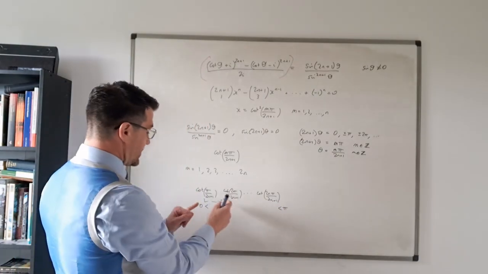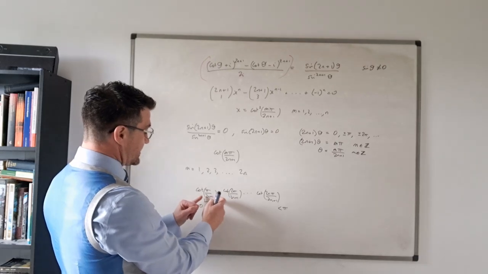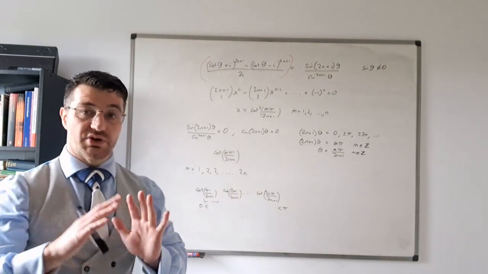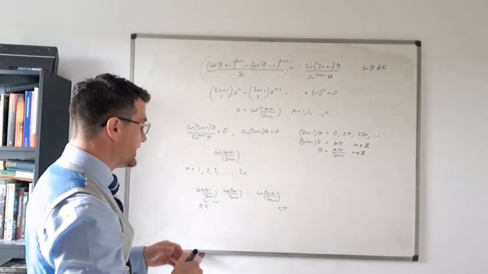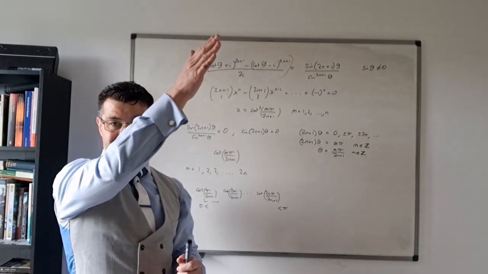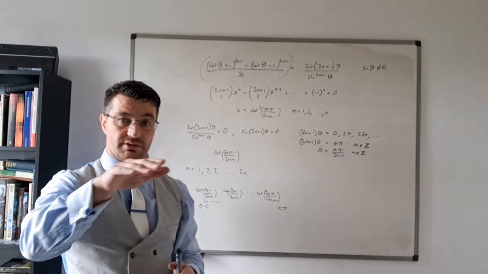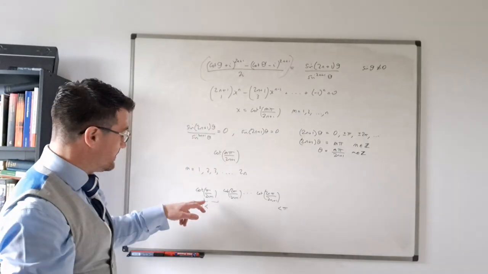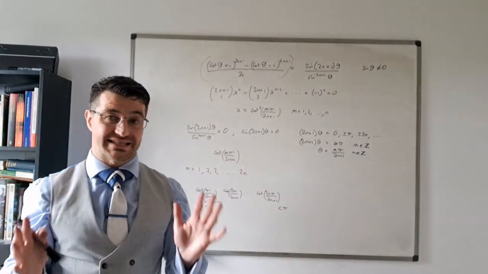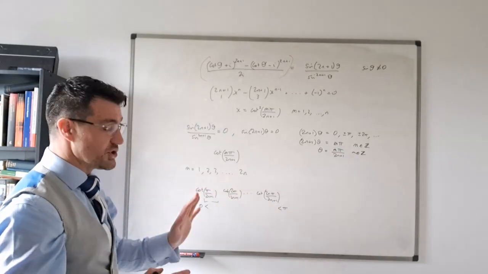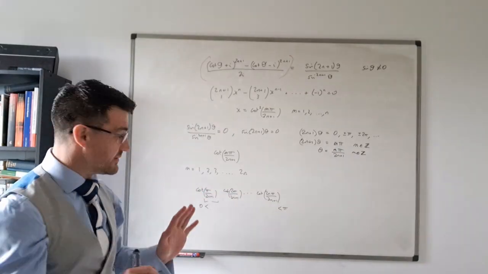We've got values, all of these values, pi over 2n plus 1, 2 pi over 2n plus 1, and so on, are all between but not including 0 and pi. So if you think about the graph of cot, it's strictly decreasing. So all of these values are going to be distinct. And how many of them are there? Well, at the minute we've got 2n, which is still too many.